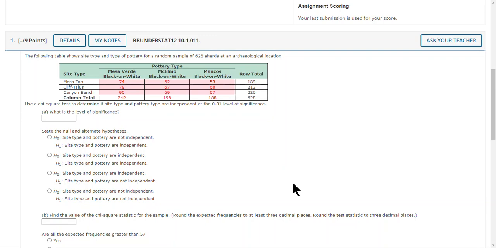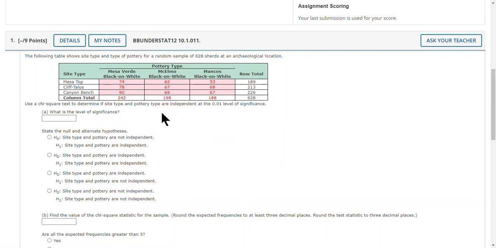We are asking about independence and the chi-squared test of independence. In this particular example, I'm looking at chapter 10, homework problem number 1. We're being asked about the pottery that's being found in these archaeological locations.